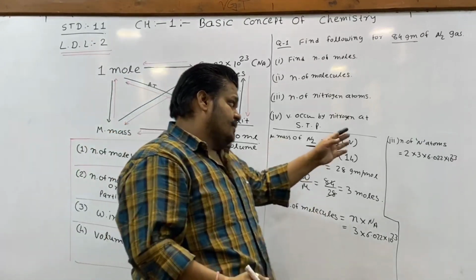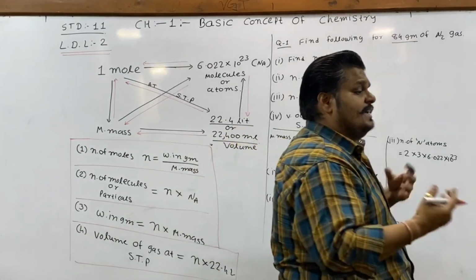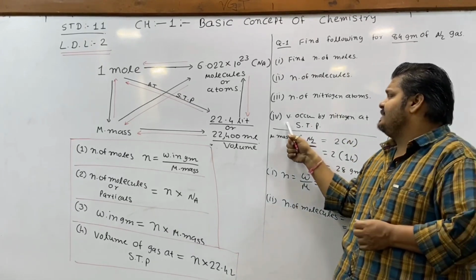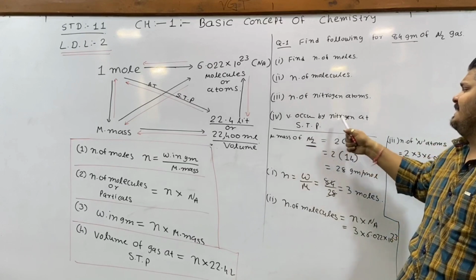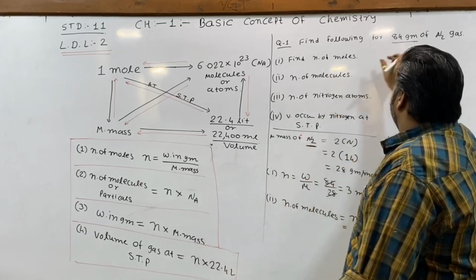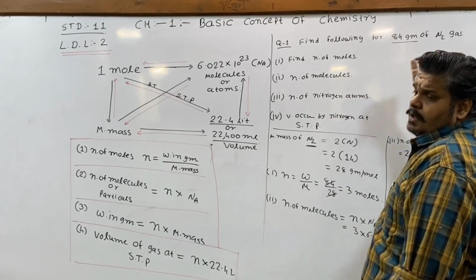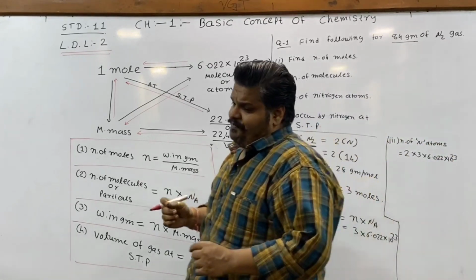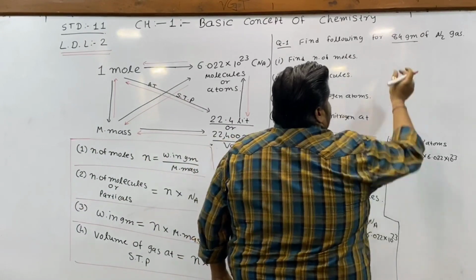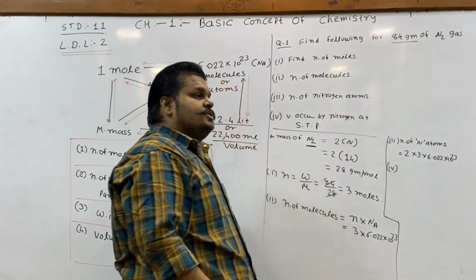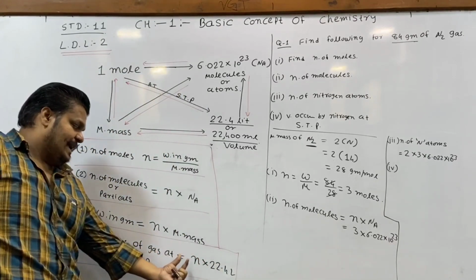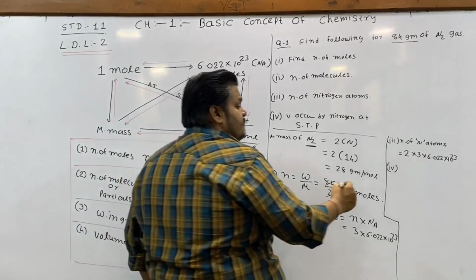We have already studied this relation in the last lecture. The fourth question is related to today's topic, volume occupancy by nitrogen at STP. Now nitrogen N2 occupies a volume at STP. What amount of volume is occupied by 84 gram of nitrogen? The volume occupied by a gas at STP is N into 22.4 liter.